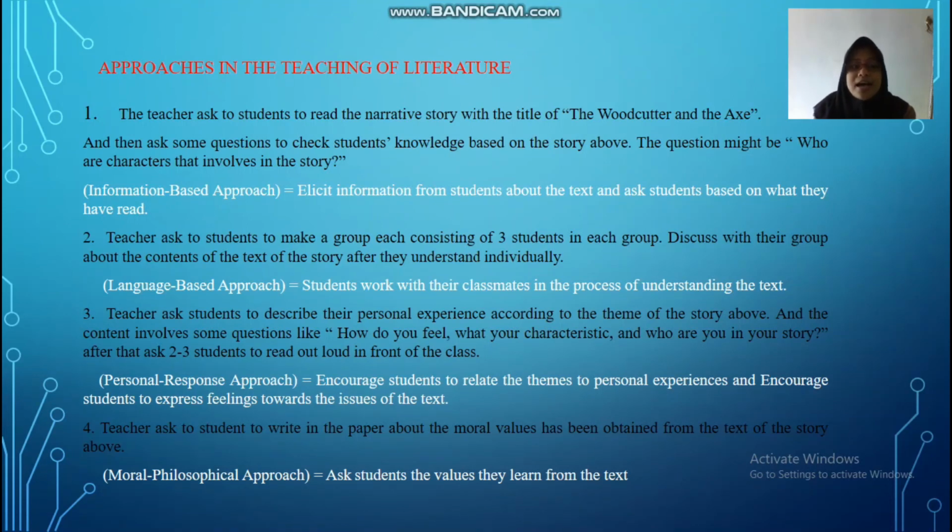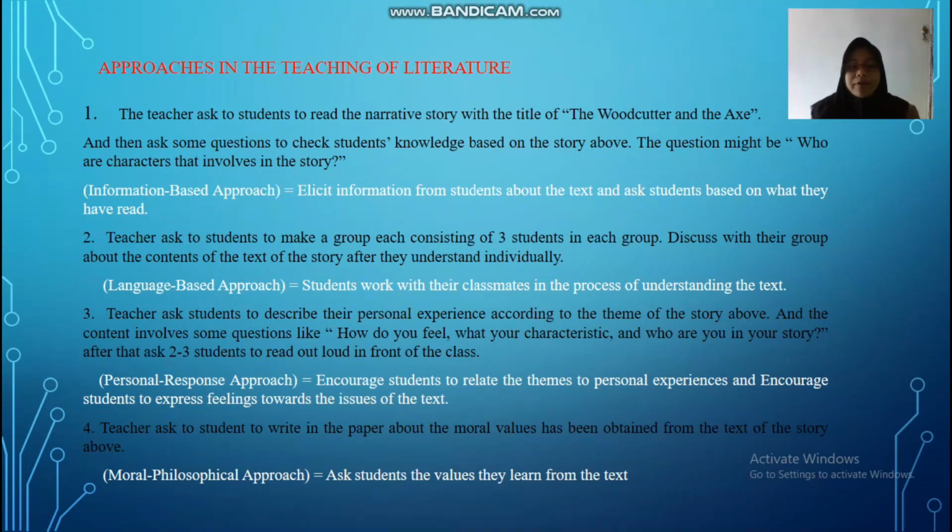After that, ask 2 or 3 students to read aloud in front of the class. This activity is included in the personal response approach because it encourages students to relate the themes to personal experience and also encourages students to express feelings toward the issues of the text.